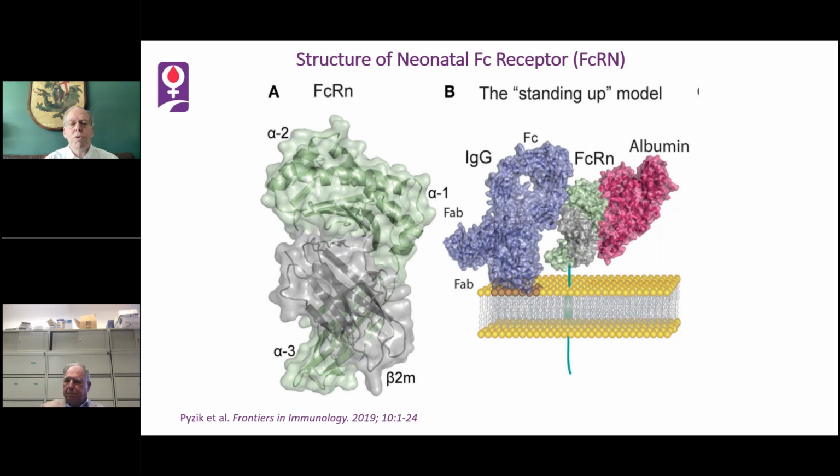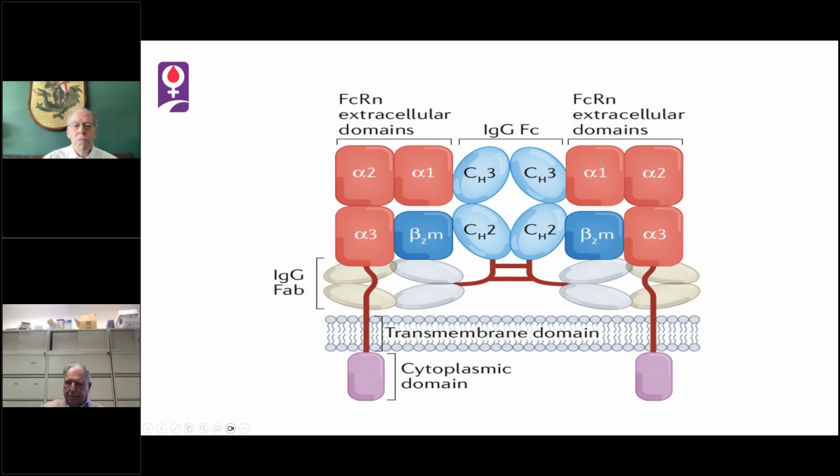And this is what's been important in allowing us inhibition of FcRn, because you could block, for example, IgG binding and not block albumin binding. And albumin levels are important to be monitored in clinical settings with FcRn inhibitors, and we'll come back to that later.